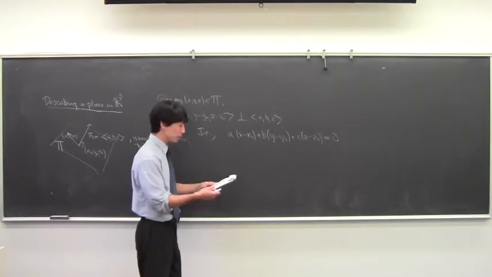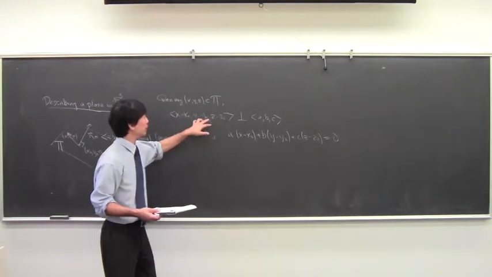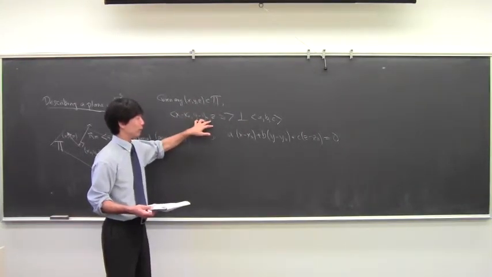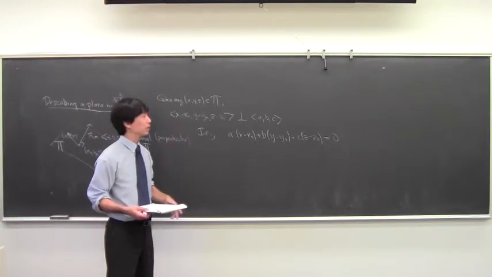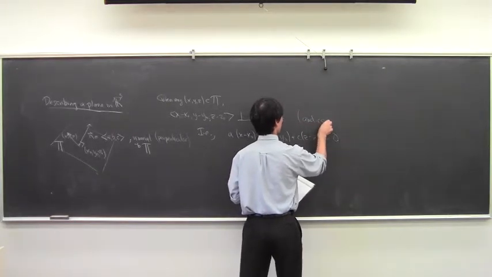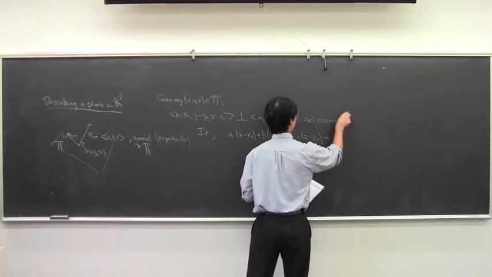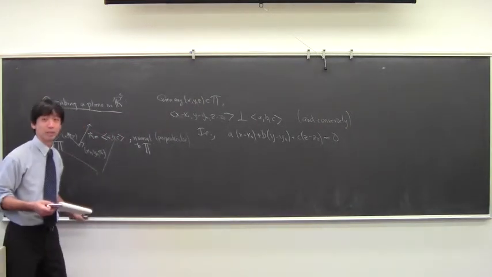Okay. So this gives us an equation, and conversely, if you end up with a vector that's perpendicular, that means that the point was on pi. If you end up with a vector that's perpendicular, you must have a point that's on your plane.